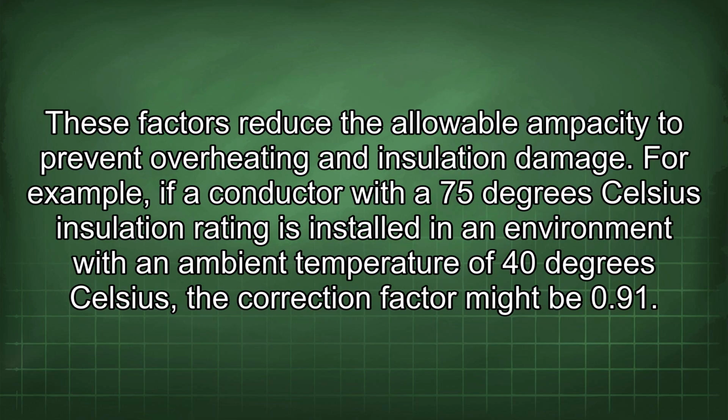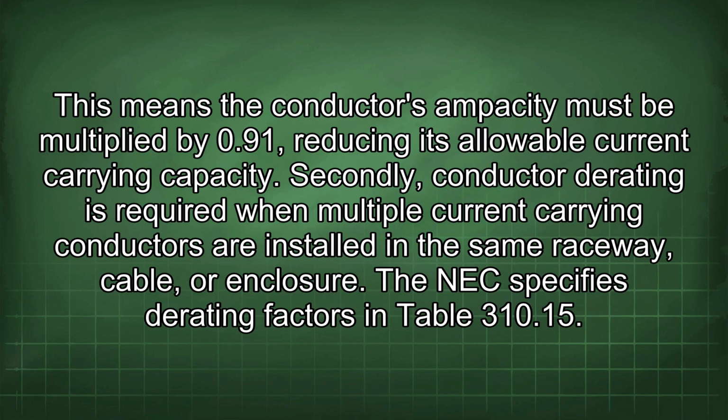These factors reduce the allowable ampacity to prevent overheating and insulation damage. For example, if a conductor with a 75 degrees Celsius insulation rating is installed in an environment with an ambient temperature of 40 degrees Celsius, the correction factor might be 0.91. This means the conductor's ampacity must be multiplied by 0.91, reducing its allowable current carrying capacity.